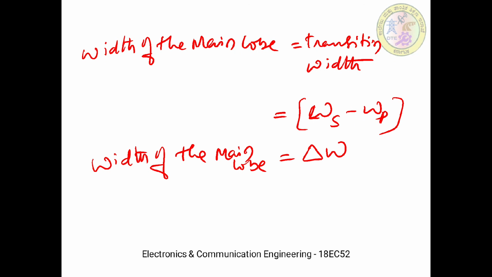In case of a rectangular window, 4 pi by m is the width, so this is equal to delta omega. We can now see that m, the length of the filter, is inversely proportional to delta omega.